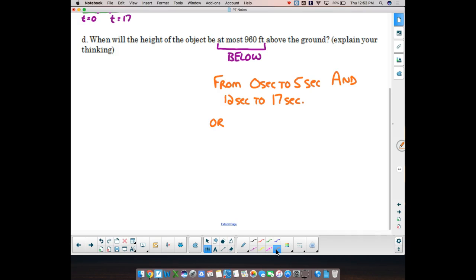Or that would be oops. Whoa. That should be a bracket. Whoa. That should be orange.